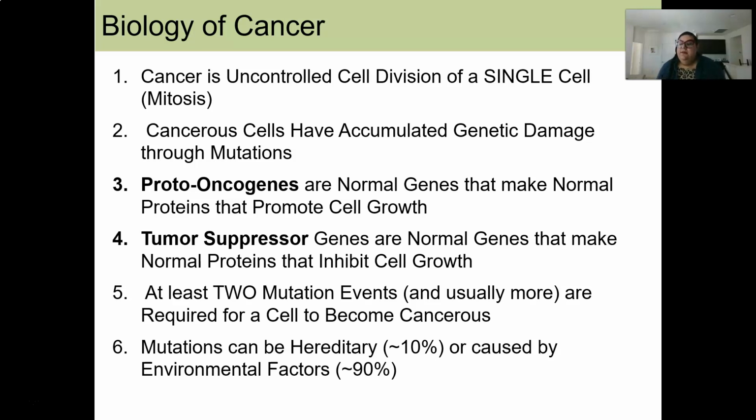I think a lot of misconceptions are that you can get a mutation and boom, you become cancerous, kind of like in the X-Men or something in the movies where all of a sudden you fall into this vat of green goo, and then boom, you become a superhero, or you become this cancerous blob. But it takes at least 2 mutations, sometimes more, to become cancerous or to become an X-Men.